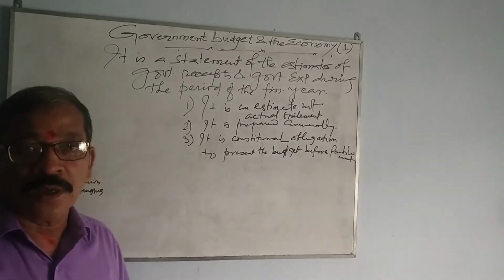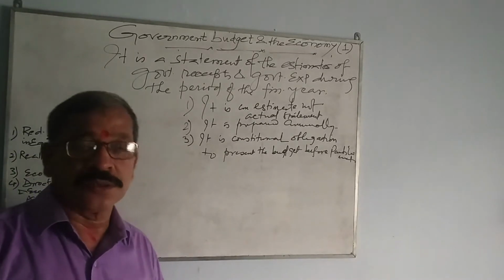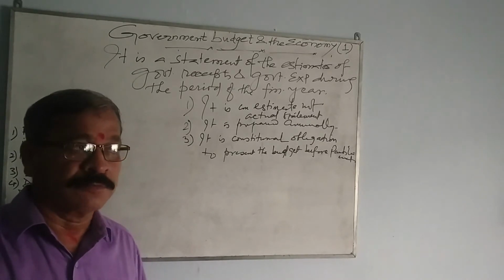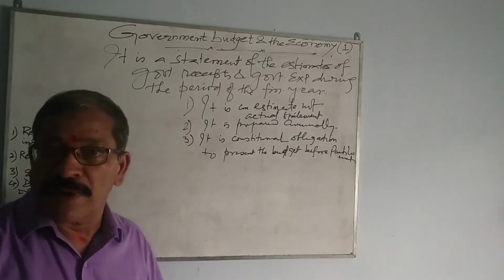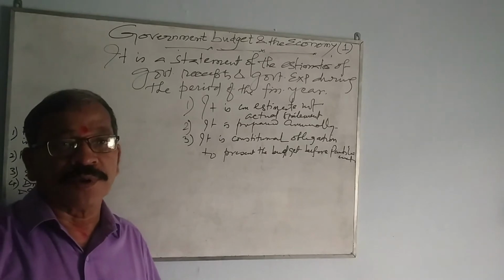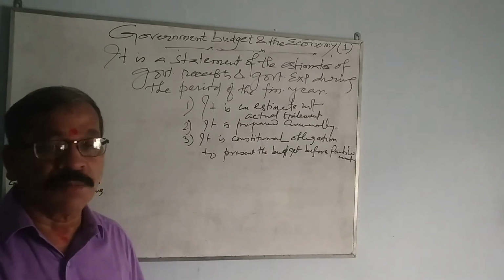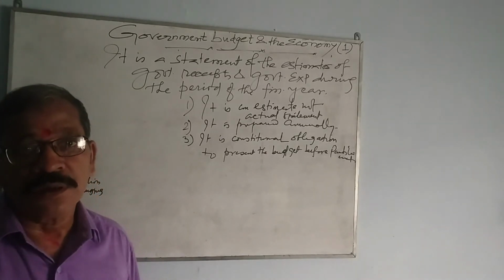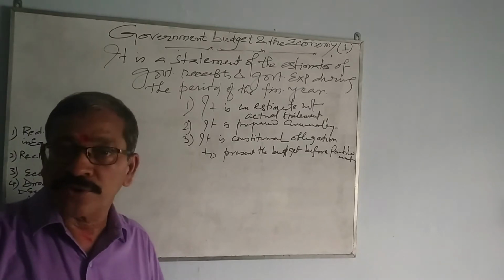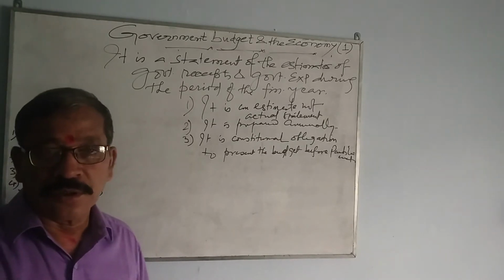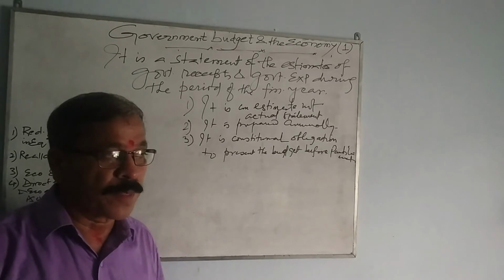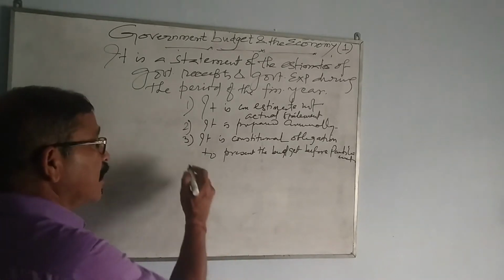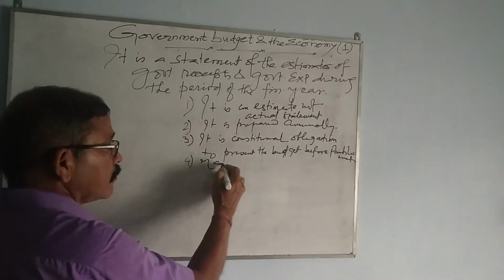Okay? It is a must, mandatory for any government for that matter. After preparation, the budget should be presented before the Parliament, both houses of the Parliament, Lok Sabha and Rajya Sabha.